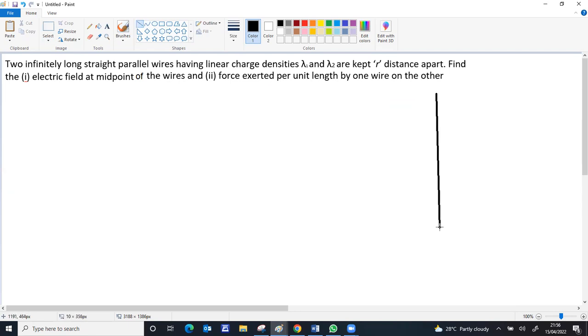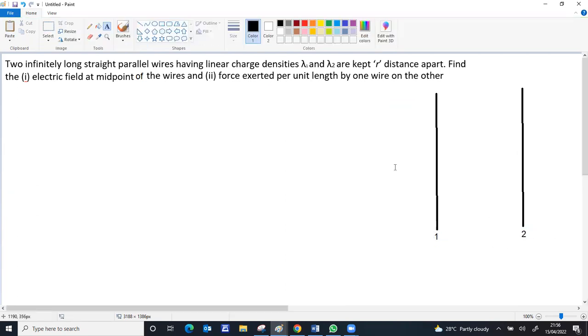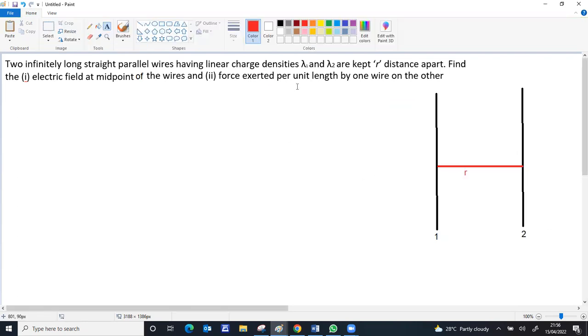First wire. Second wire. Distance between the wires is r.